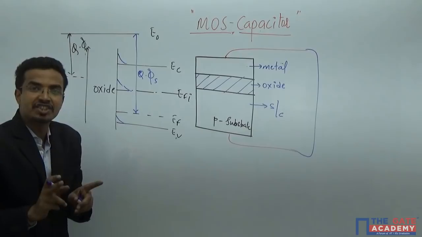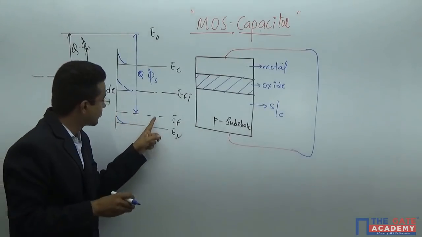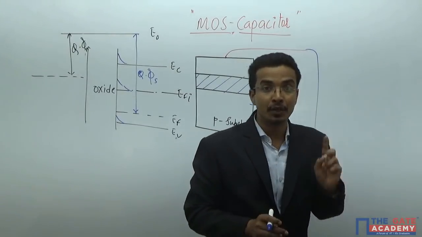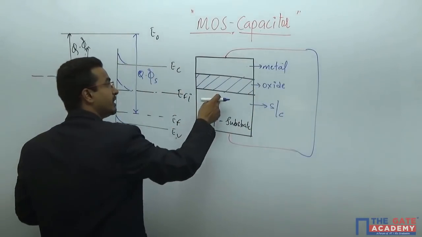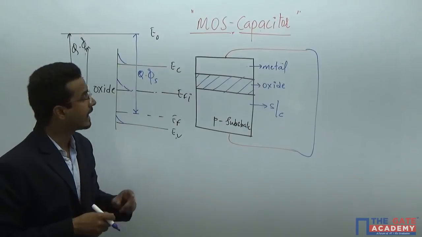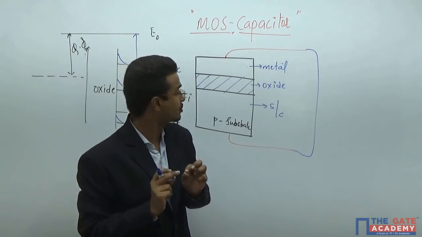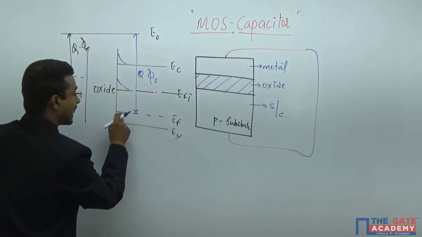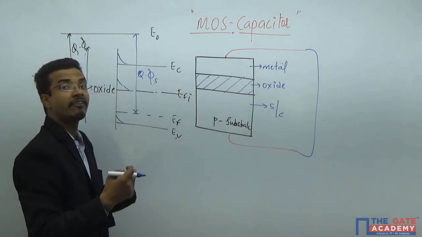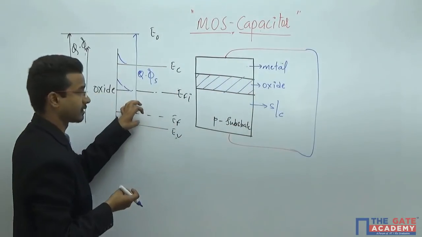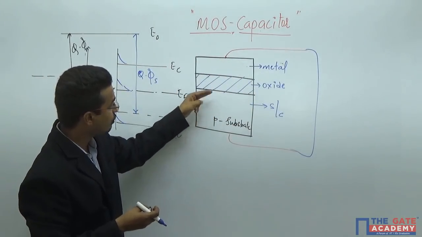Please make sure that this Fermi level should not vary, because you are not getting any conduction from here to here. The total net current in this loop will be 0. The Fermi level is the measure of the average energy of the semiconductor, and you are not getting any current from this side to this side.